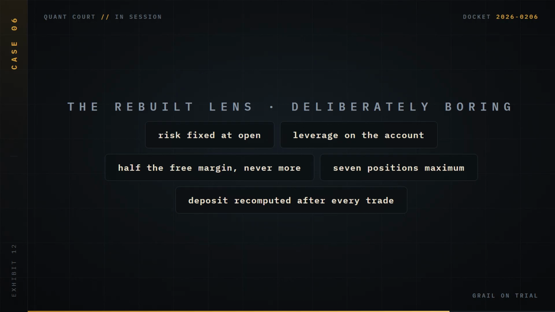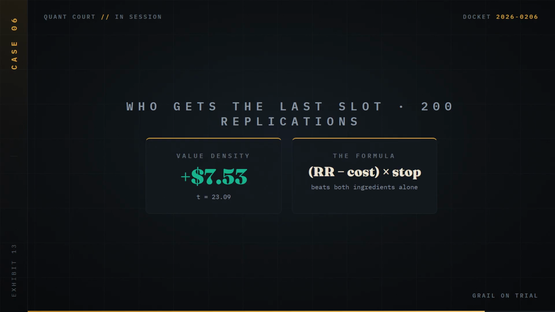The rebuilt version is boring, and that is the point. Risk is fixed the moment the position opens, not the moment it closes. Leverage is measured on the account. We never occupy more than half the free margin, never more than 7 positions at once. The deposit is recomputed after every single trade. Then a new question appeared.